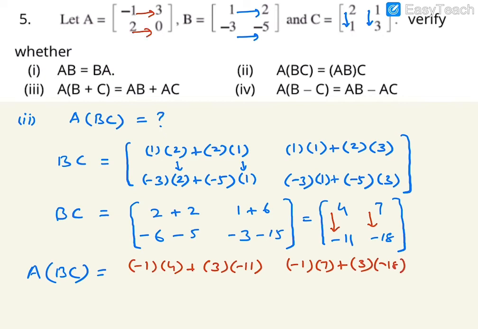Similarly, second row of A, 2 and 0, will multiply with the first column, 4 and minus 11, then 7 and minus 18.